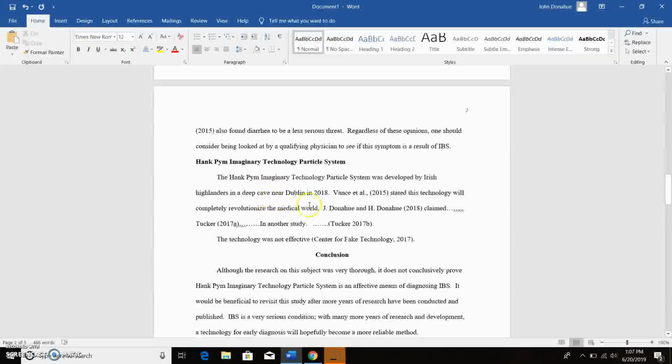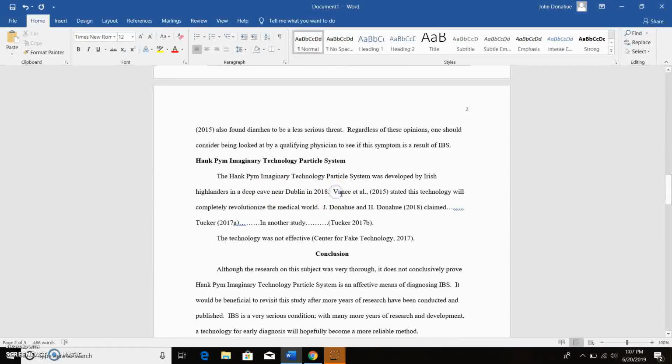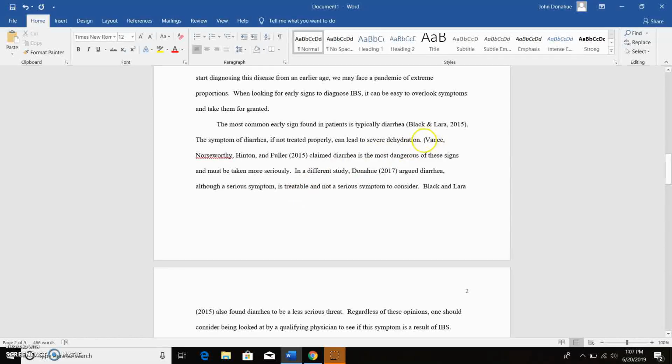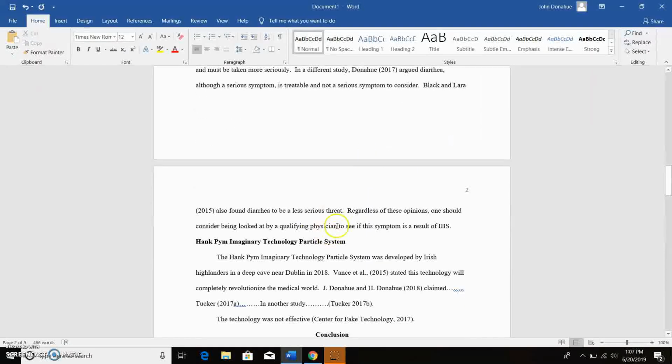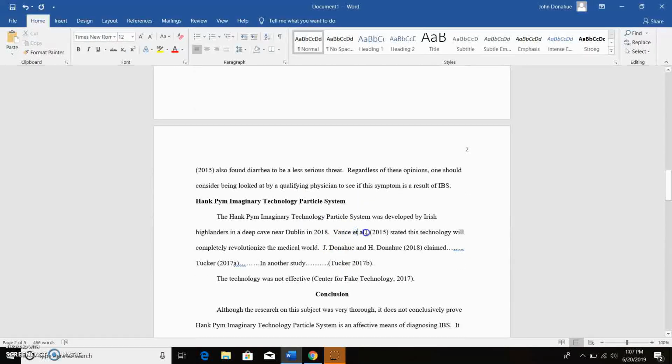When you cite them again, as down here, we're going to write Vance, which is the first author. The first author is the one that gets the most credit. You're not going to do alphabetical, it's the first author listed on that article. Vance et al. Period, comma, 2015.